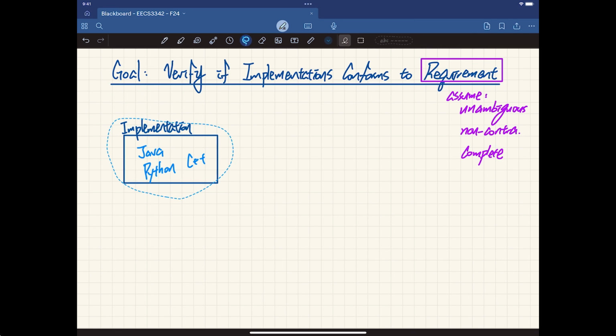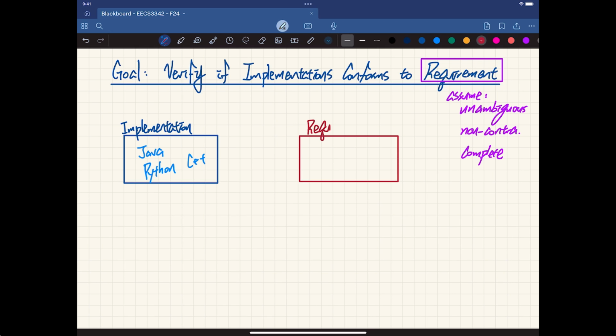This is on the one hand. On the other hand, let's say we got here another thing over here. So this will be requirements. Typically, they are just like documents.